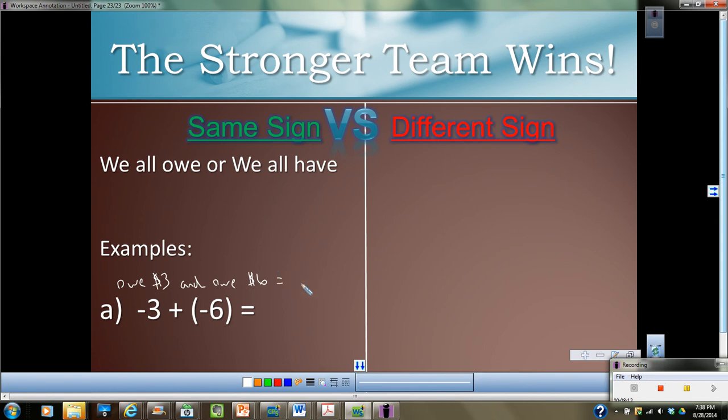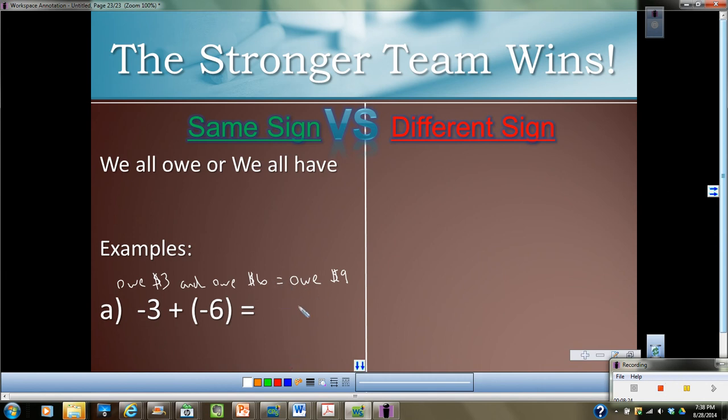Altogether, do I owe money or have money? Well, since I owe two people, that means I owe money altogether. And I'm going to owe more, right? I owe 3 and I owe 6, that means I owe a friend $9. Or friends $9. You don't have to think about that. That's just common sense. If you owe two people, one 3 and another 6, then you owe $9 altogether.